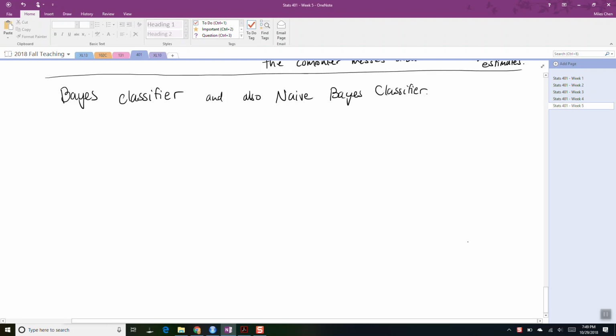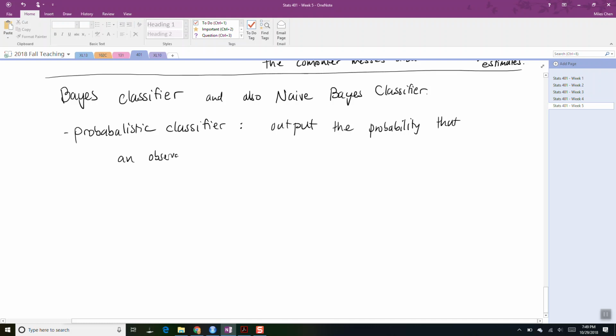This is a probabilistic classifier, in that the output will be the probability that an observation belongs to a certain class.